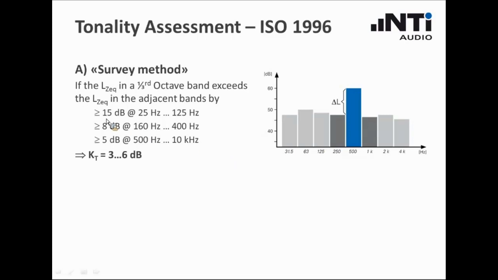Actually, it must be higher than 15 dB in these low frequency bands, 8 dB in the mid range, and higher than 5 dB in the high frequency range. And if you detect such a band, such a tone, then you have to apply this penalty, this adjustment, depending on the amount of the difference, a penalty of 3 to 6 dB.